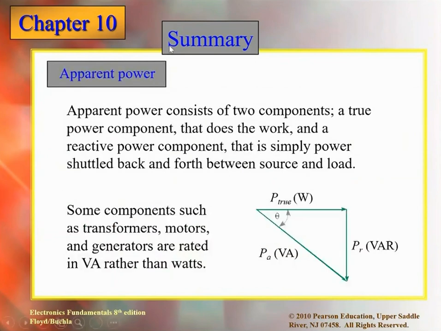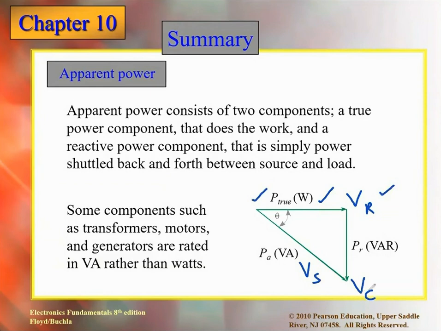Apparent power, I already told you. We can draw the phasor triangle for that. P true will always be in the direction of the VR. Do you remember? This is always VR, this is VC, and this is VS. So VR, that is resistive voltage, gives resistive power, which is true power.